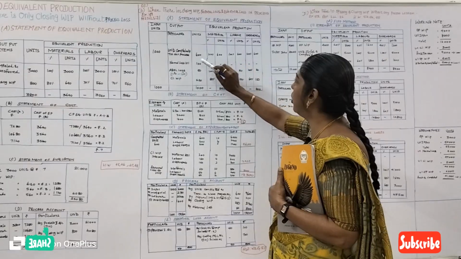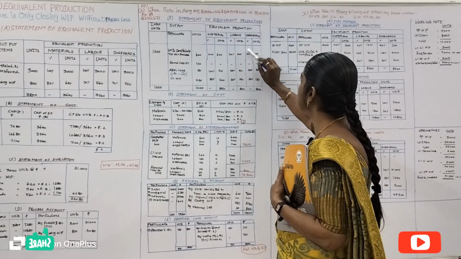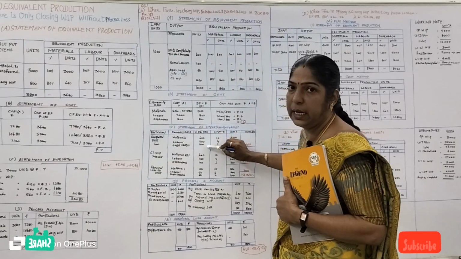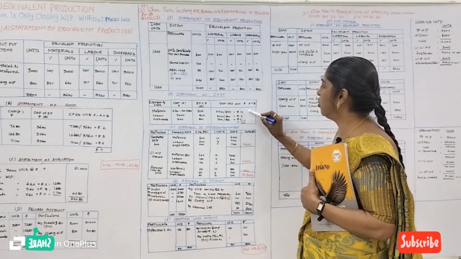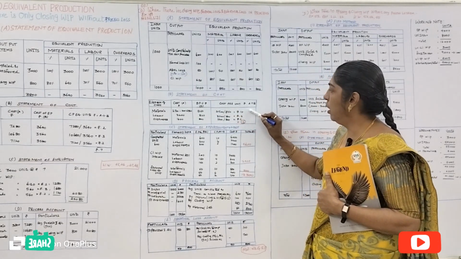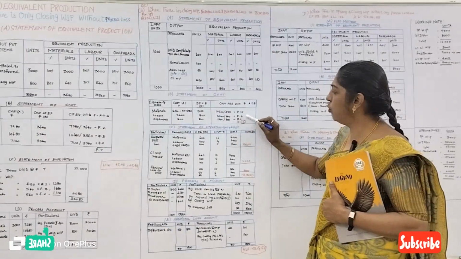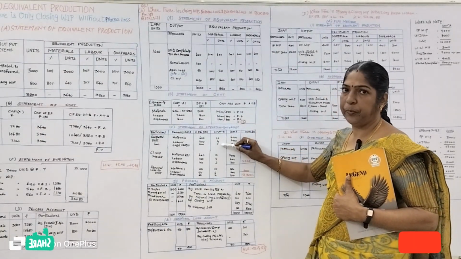So for the completed 600 units: material 600, labor 600, overhead 600, taken from the equivalent production and entered here. Then it is multiplied by the cost per equivalent production unit, that is 10 rupees for material, 4 rupees for labor and 2 rupees for overheads.